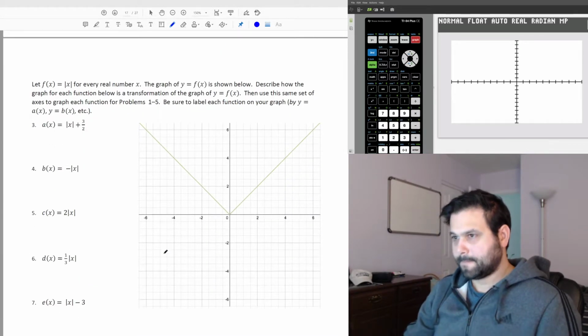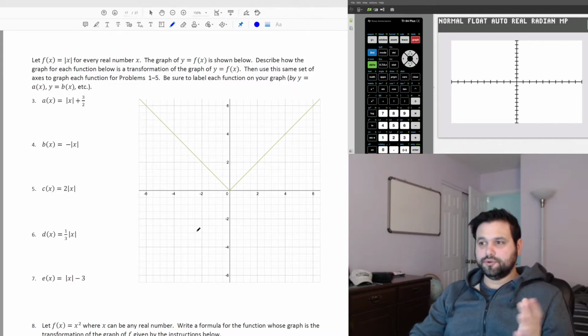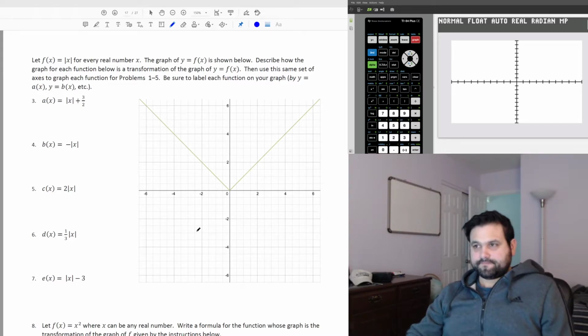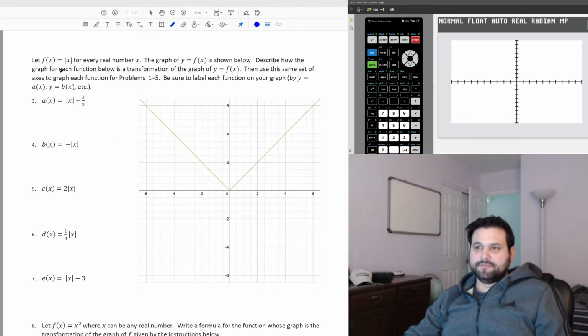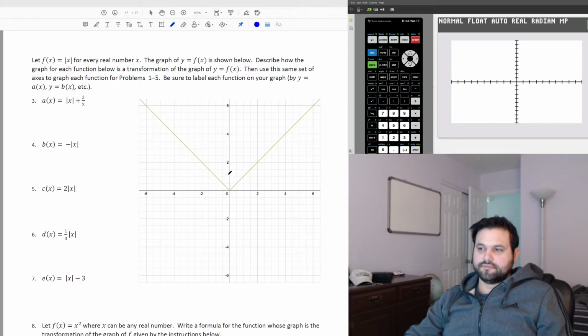Okay, let's see what these transformations do graphically. So what we have here is the absolute value function. One thing to keep in mind on this graph, check the scale. Each of these marks is 1/2 unit.